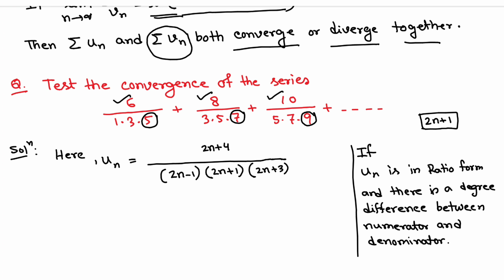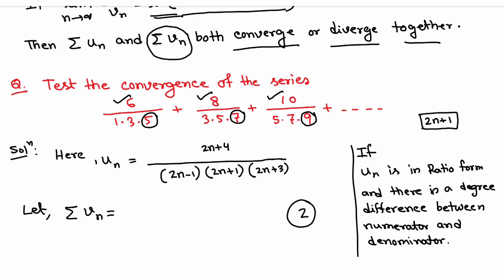So let summation Vn equal to... now how to choose the series Vn. Here Un is given, and you know the degree difference. Now what is the difference of degrees? The degree difference is 2.